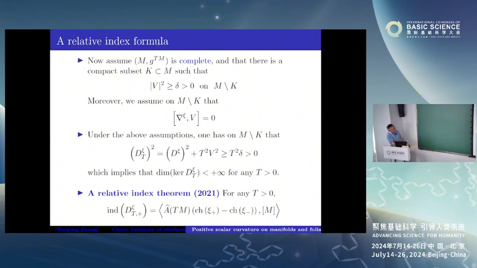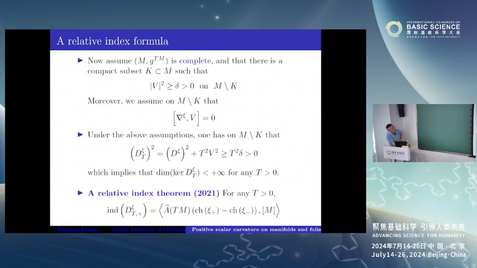In this case, one can show that the kernel is finite dimensional, just like in the compact case, and it carries an index which can be computed on the right-hand side. It is called the relative index theorem. Since these two bundles are identical near infinity, the difference is 0 outside the compact subset.